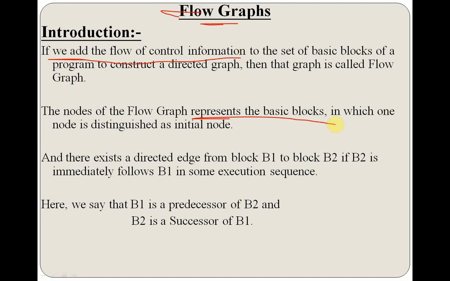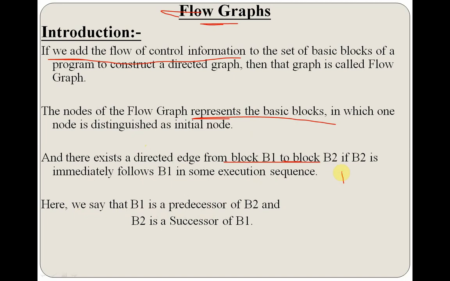So each block is a node in the flow graph, and there exists a directed edge from block B1 to block B2 if B2 immediately follows B1 in some execution sequence. We can also say that in this sequence B1 is a predecessor of B2.